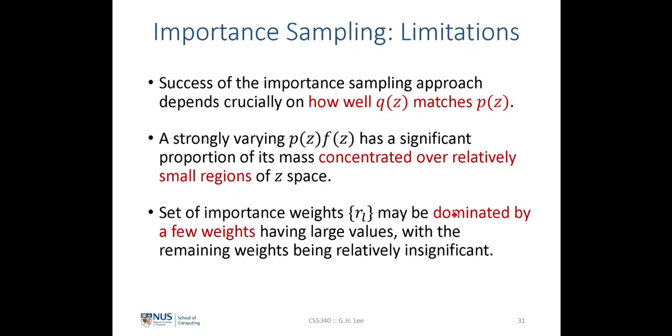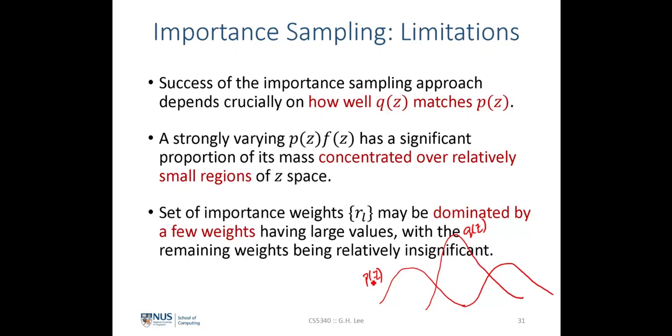An example here would be the case where we have a target distribution that looks something like this. It might be a multimodal distribution, and then what we have for a proposal distribution could be something like this, where we can see that there is a severe mismatch between our proposal distribution and our target distribution.